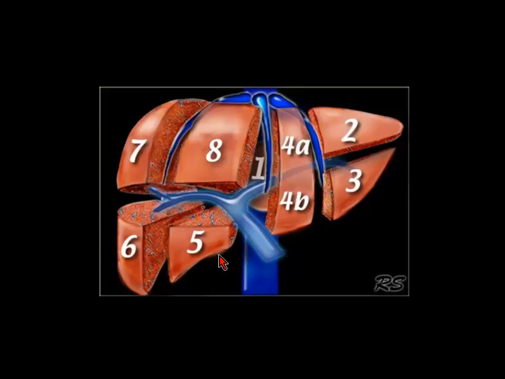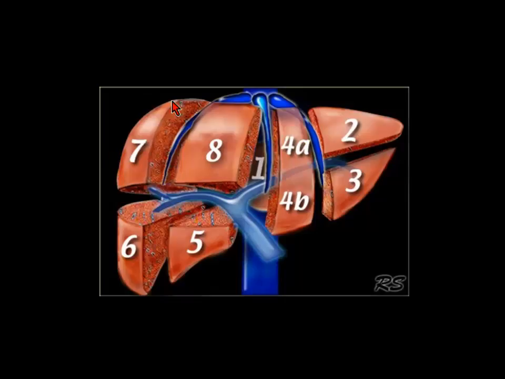Segment 5 is easy. If you're looking at the axial slice, identify the gallbladder fossa and follow it. The segment on the right adjacent to the gallbladder fossa is segment 5. And segment 6 is very easy. The tip on the right hand side of the liver is segment 6.